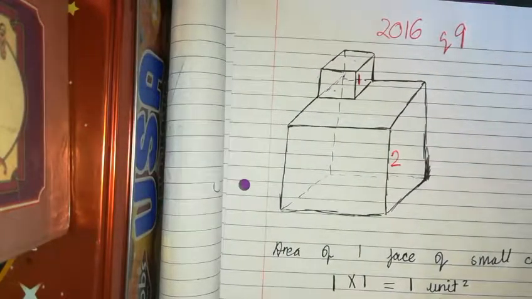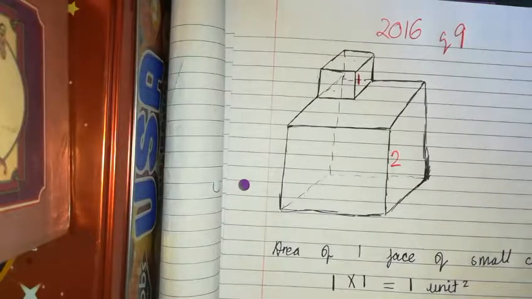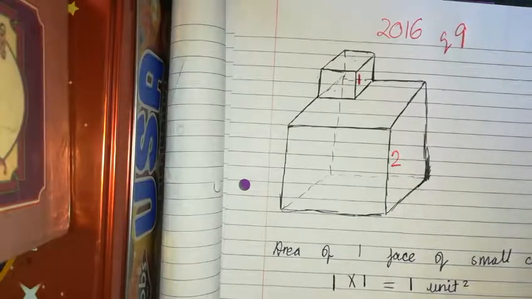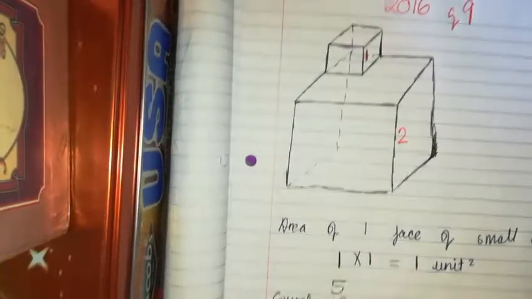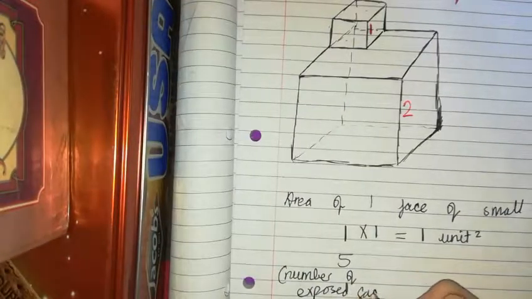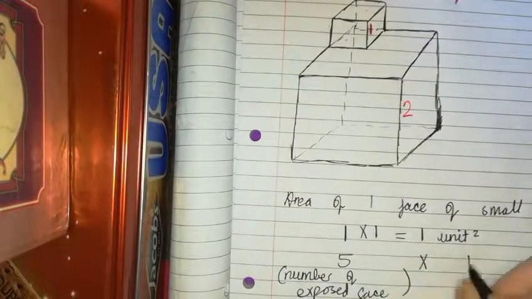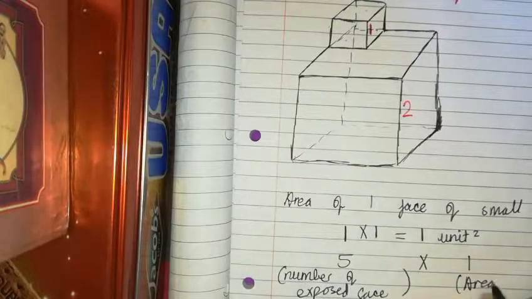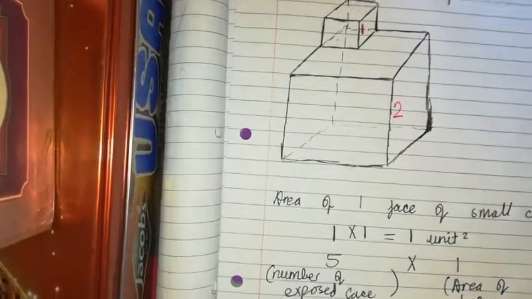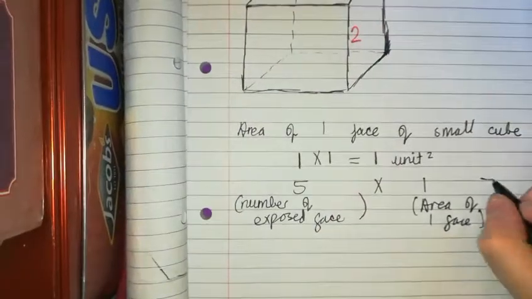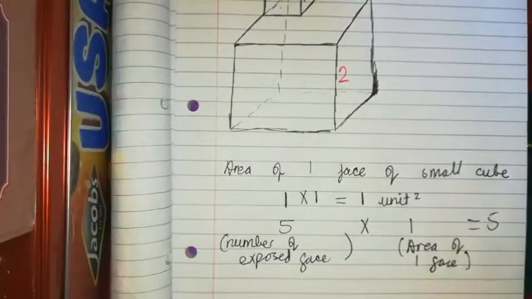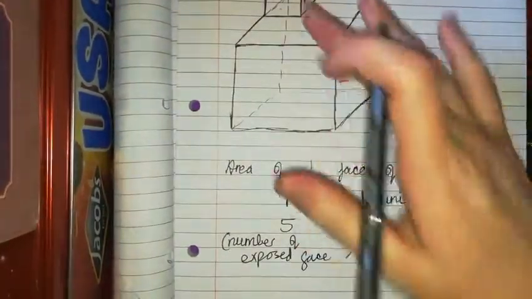So the number of exposed faces, 5, multiplied by 1, the area of one face, gives 5 units squared as the surface area that the small one takes up.